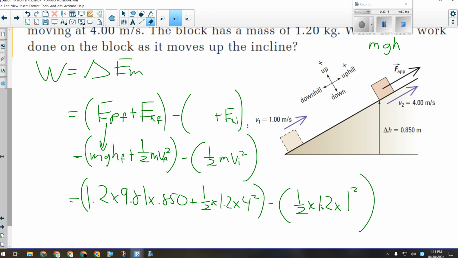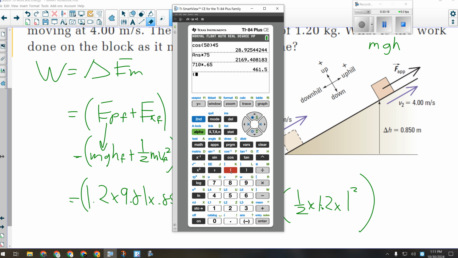Let's plug all that in and see what we get for a number here. 1.2 times 9.81 times 0.85 plus 0.5 times 1.2 times 4 squared, minus 0.5 times 1.2 times 1 squared. Oh, that's supposed to be 4 squared there.